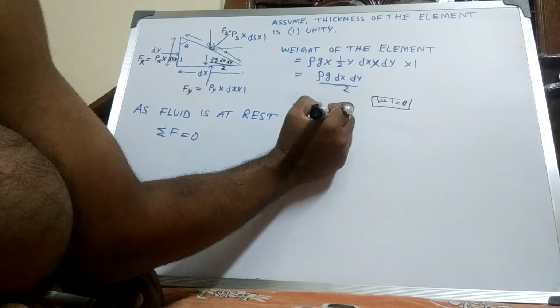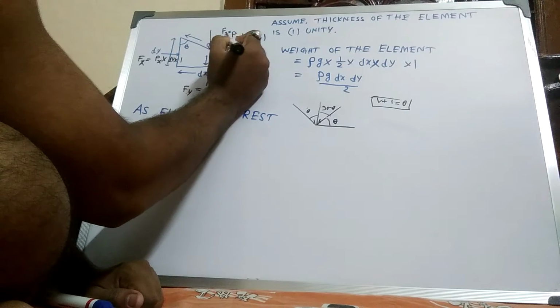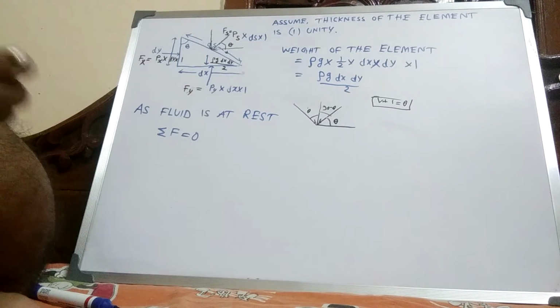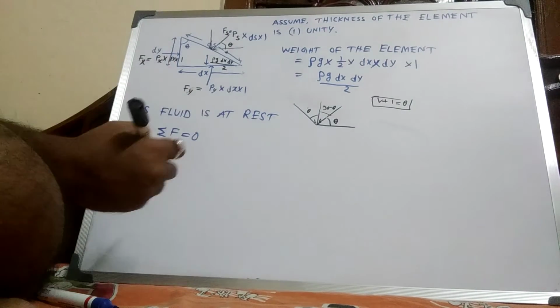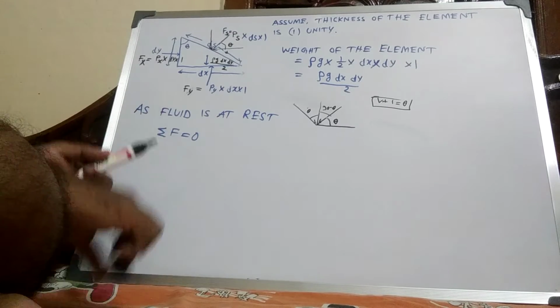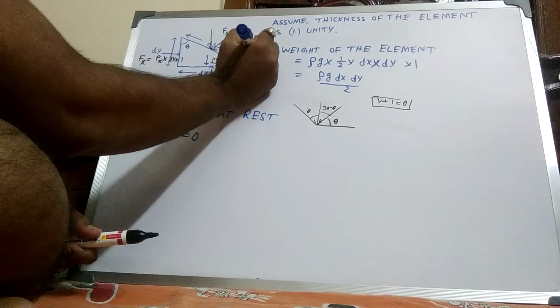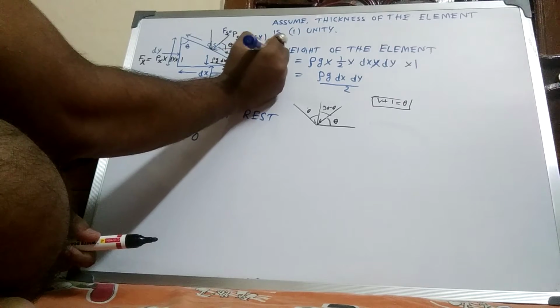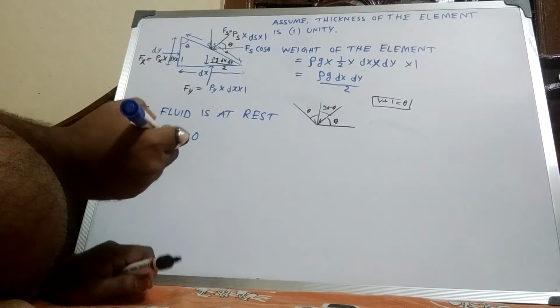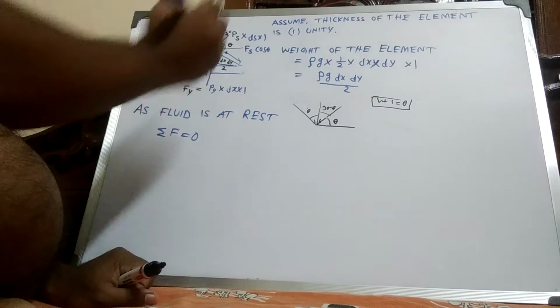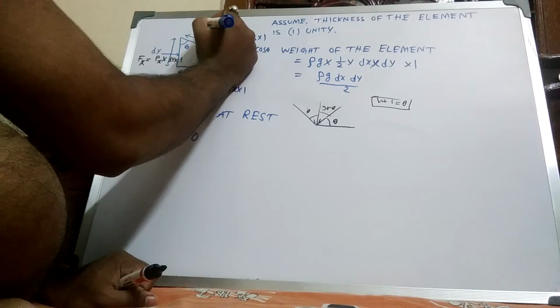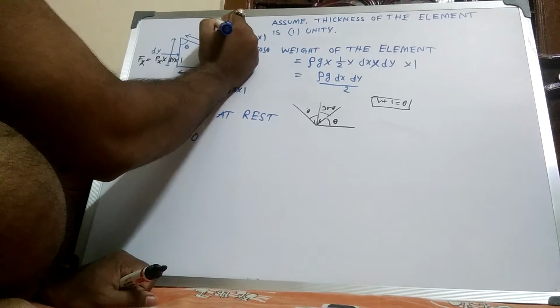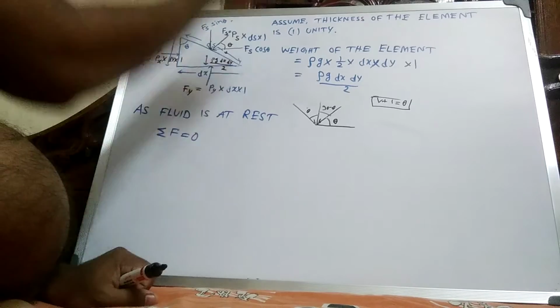Understand? So this component is Fs cos theta and this one is Fs sin theta. Understand?